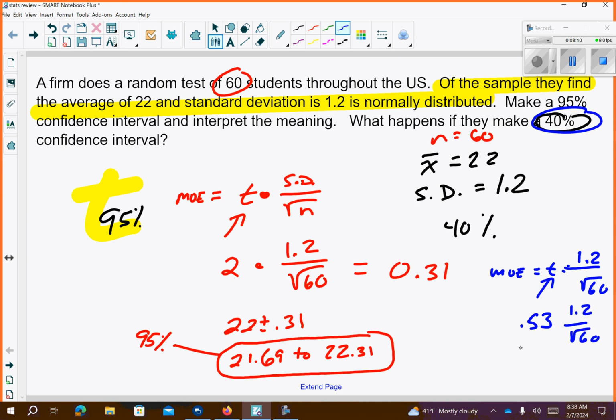I got 0.08. Point what? 0.82. Okay, so then this is going to change it to 21 point.